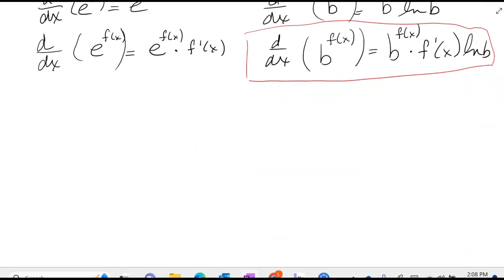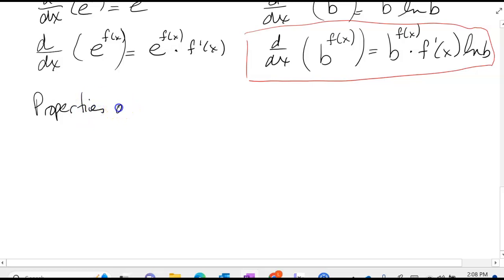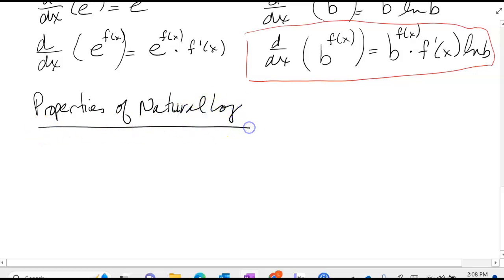Do recall, which is going to come in handy, we'll go over them very briefly, your properties of logs. We'll use the natural log to do them, but the same properties apply when it's not the natural log and you have various bases.